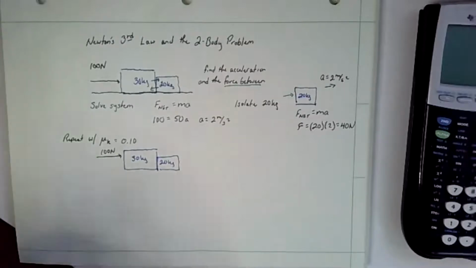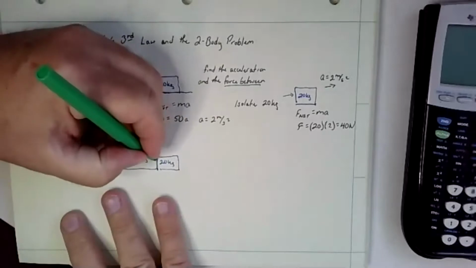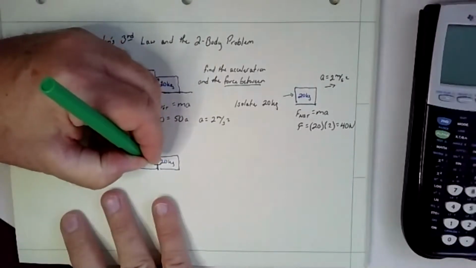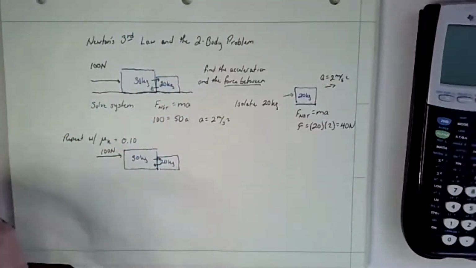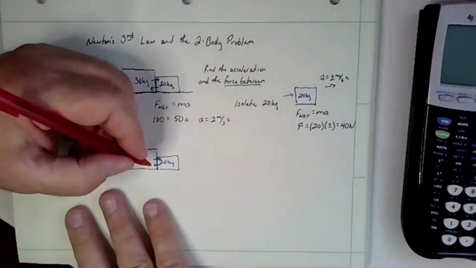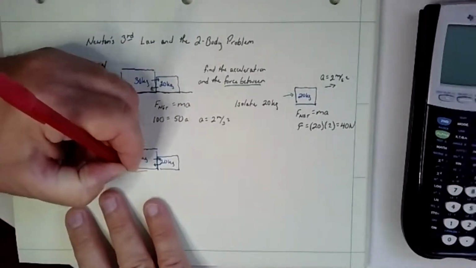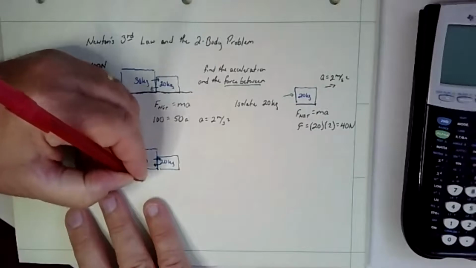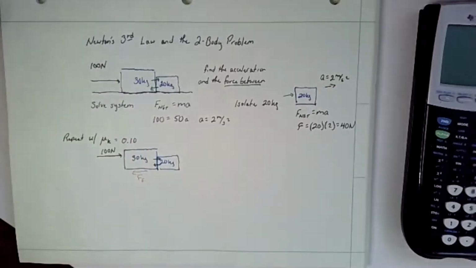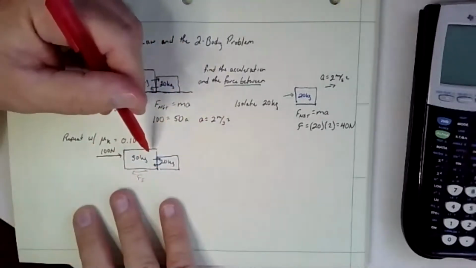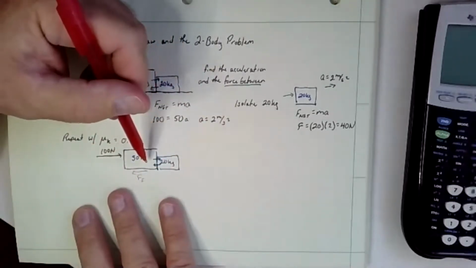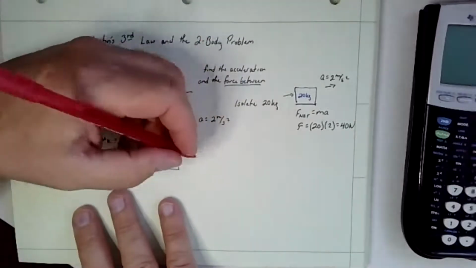And we still have this internal force happening. But now we also have a force of friction that is in opposition. So what are we going to do with that? Let's just pause for a second and then calculate the friction that's going to be working on each one of them.